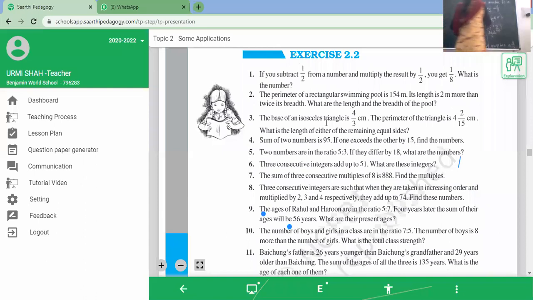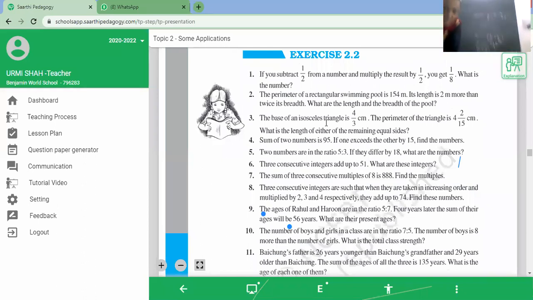So what do we have to suppose? Suppose B is equal to x meter. Okay, breadth we have assumed is x meter. So what would be the length? Length would be 2 more than twice the breadth. 2 more than, so plus 2 will become 2 more.